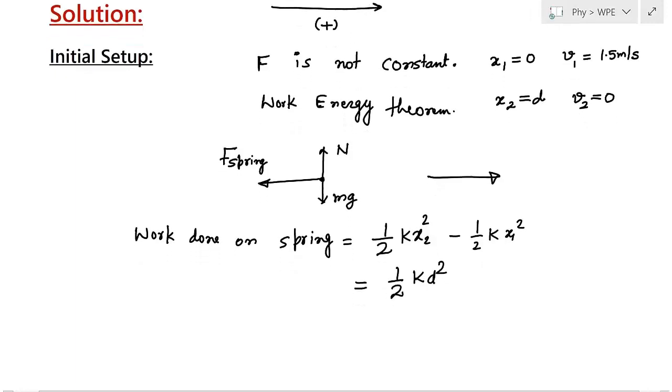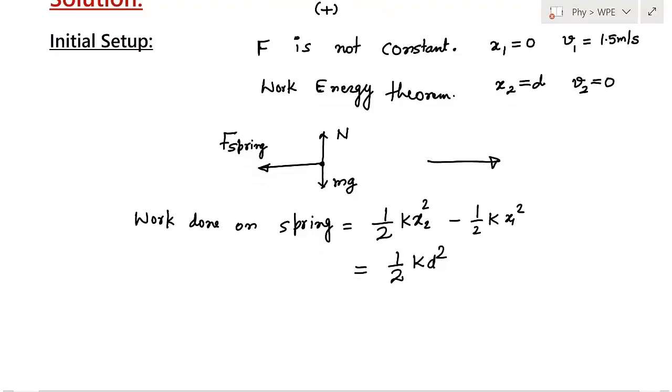Now this is the work done on the spring. But if I want to find the work done on the glider, then it is the same magnitude but with a negative sign, because the forces are opposite. On the glider you have a force in this direction, and on the spring the force is in this direction. So the work done on the glider is minus half k d square.